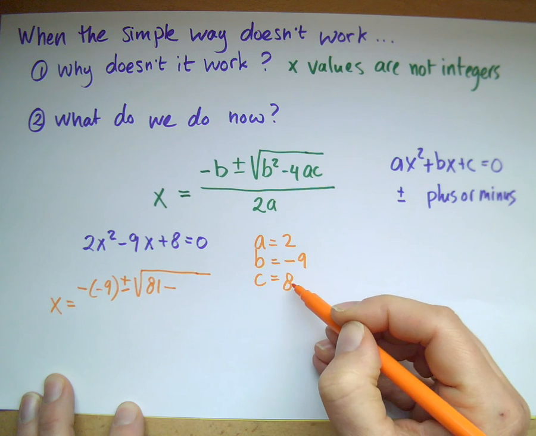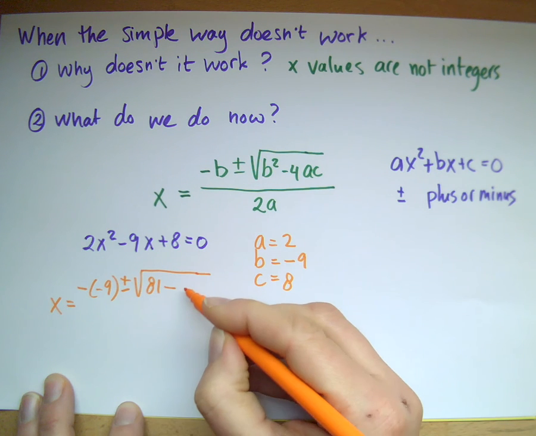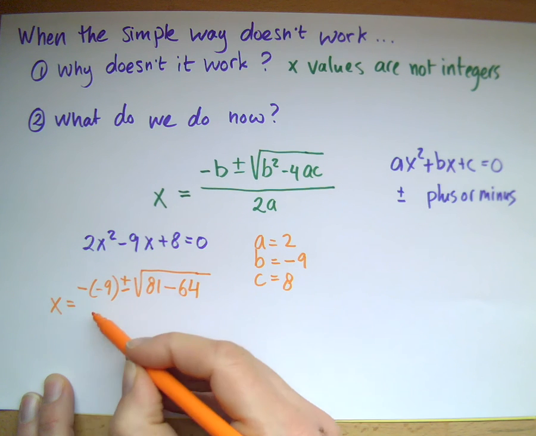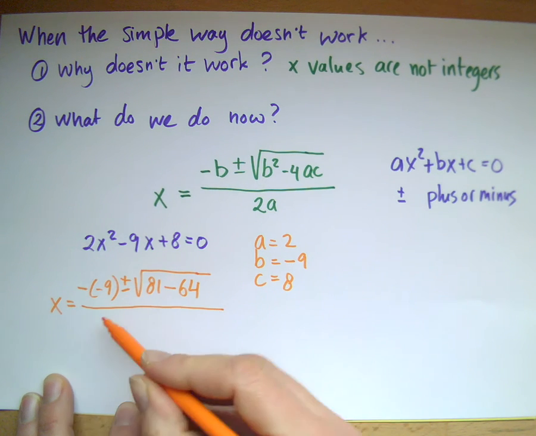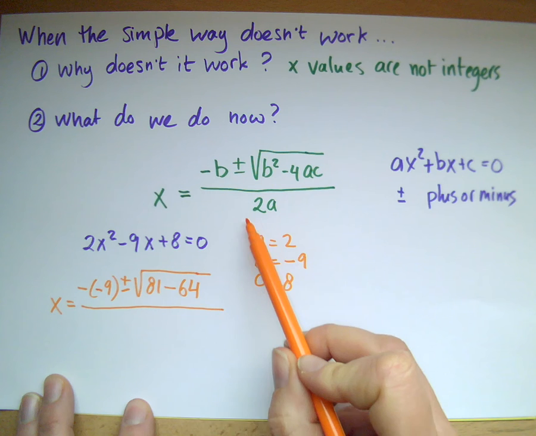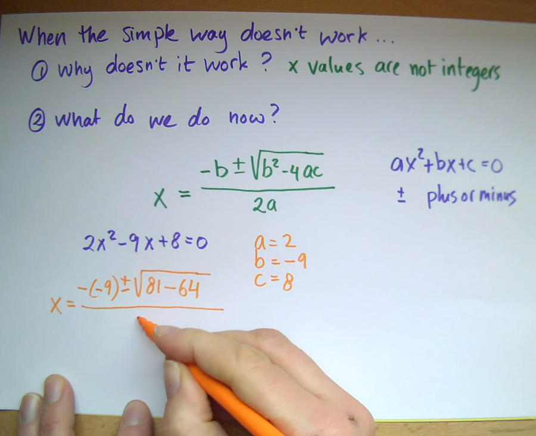A times c is 16. 4 times 16 is 64. Sorry if I'm doing too many steps at once. Just pause the video and check whether I'm right if you want to. Divided by 2 times a. 2 times 2 is 4.